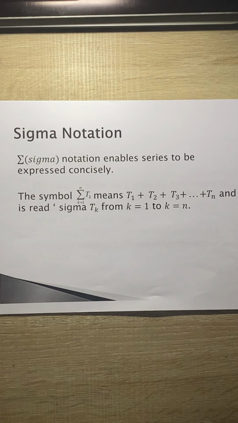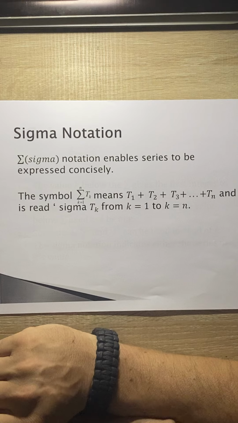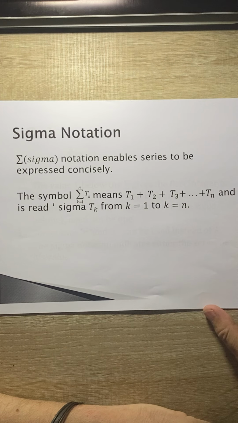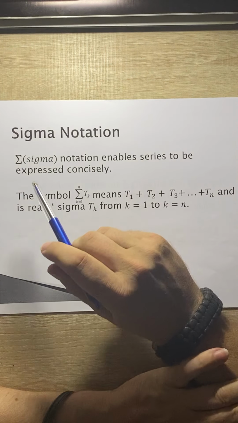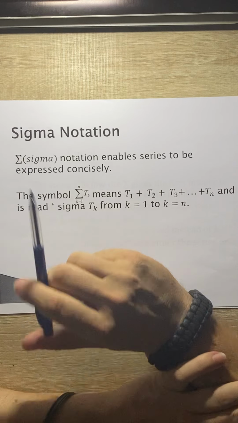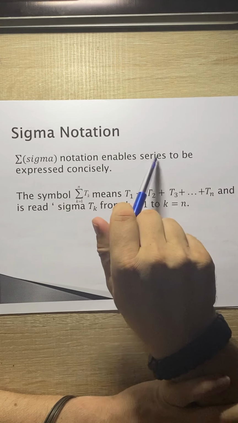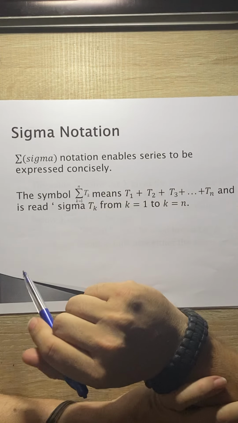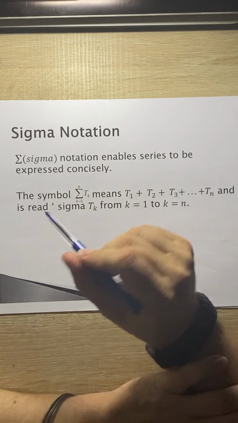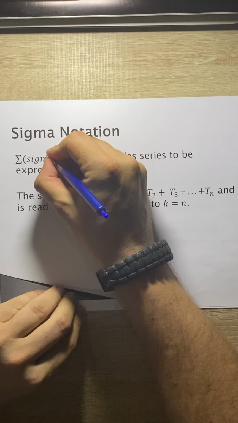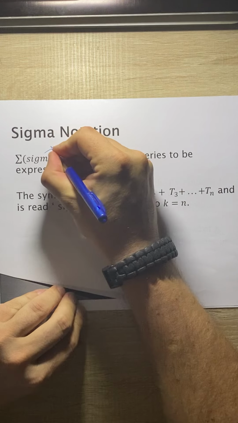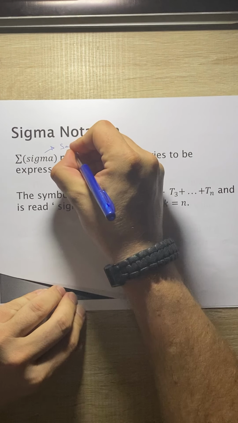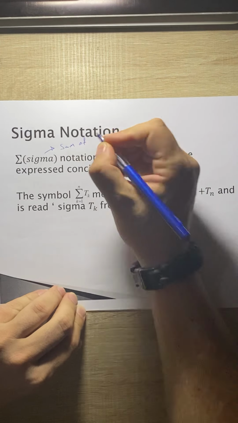So we have a symbol that we can use to denote the sum. Sigma notation enables series to be expressed concisely. All sigma means, and you can make a note of this, is sum of.